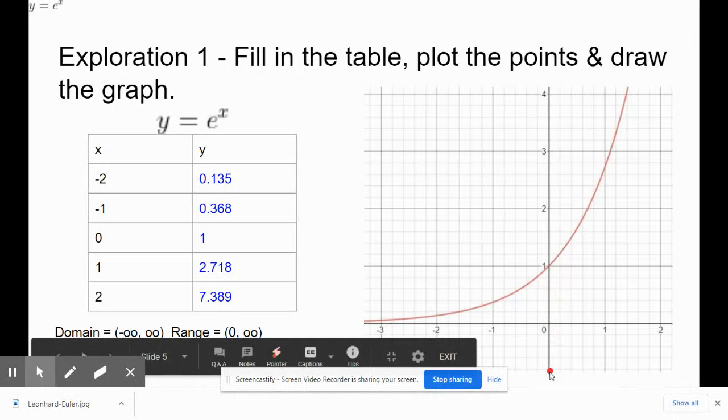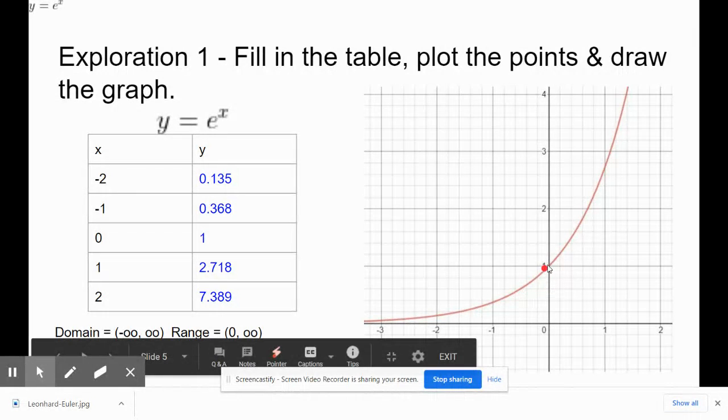Let's see why. As I walk up the y-axis from the bottom to the top, there aren't any points to the left or to the right on that red graph, not until I get above 0. Then, above 0, I can look out to the left and there are always going to be points.